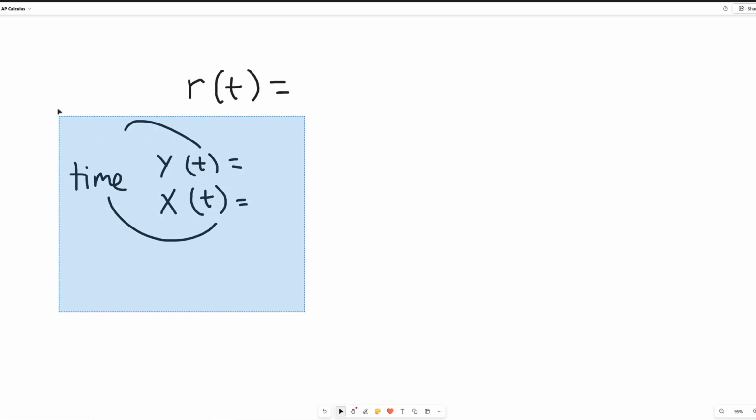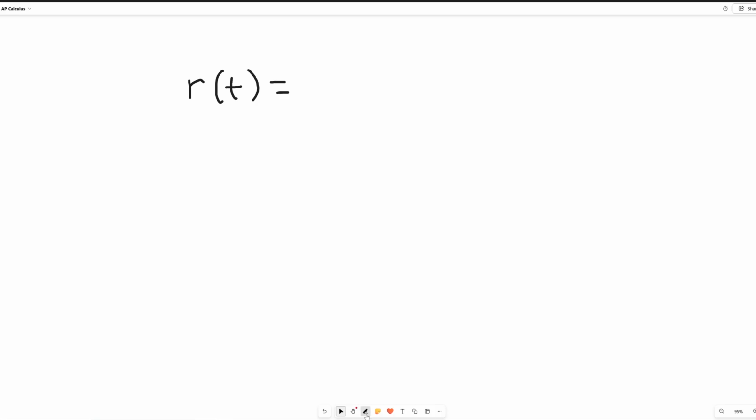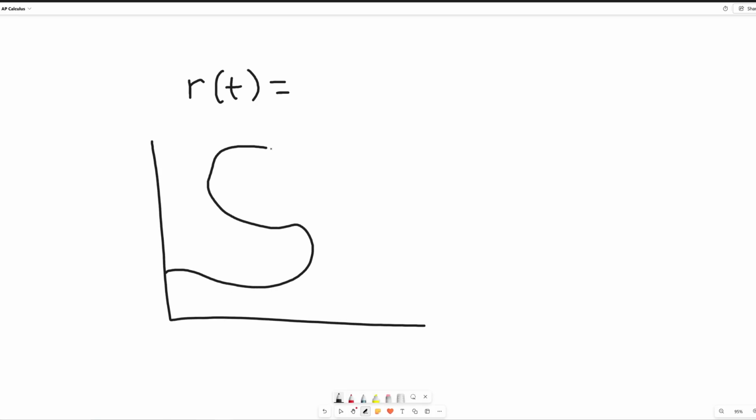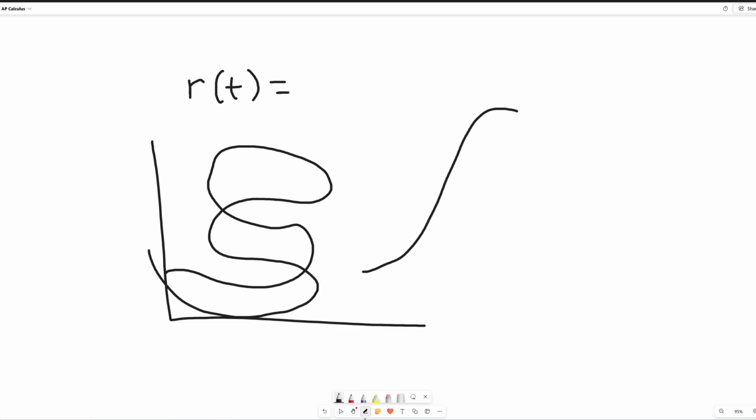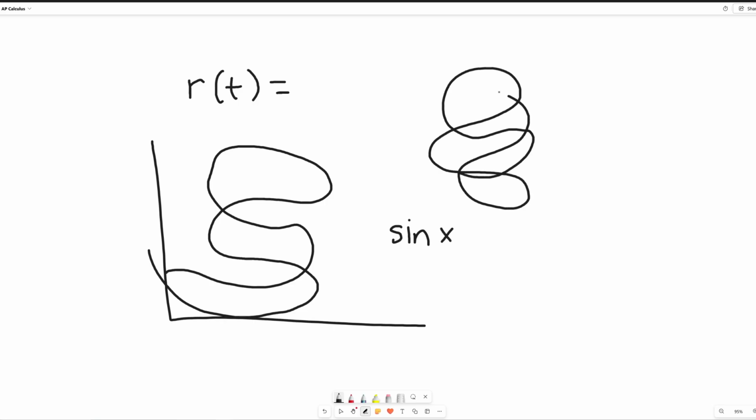So what you can end up having is a function that looks really wonky, that looks anything like this. You can have a normal looking function, it could look like this, but for instance, if you have some sort of oscillating function as your x, it can end up going back and forth in between two x values.